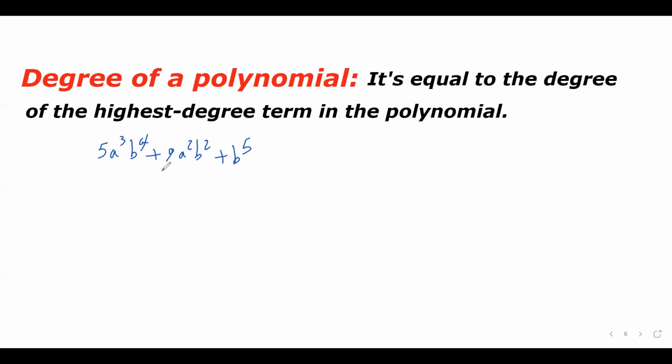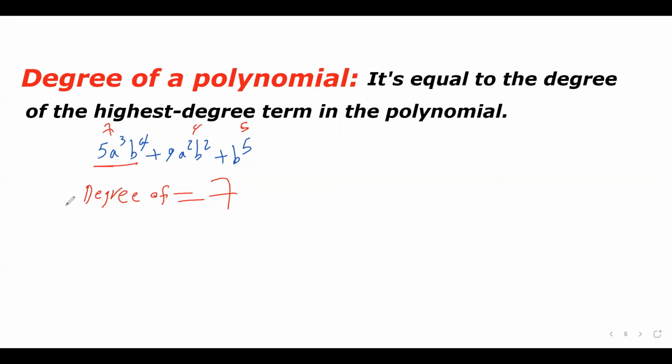So which one is the highest degree term? This term has a degree of 3 plus 4, 7. This term has a degree of 2 plus 2, 4. And this term has a degree of 5. So this one is the highest degree term. So the degree of this polynomial equals 7, because 7 is the degree of my highest degree term.